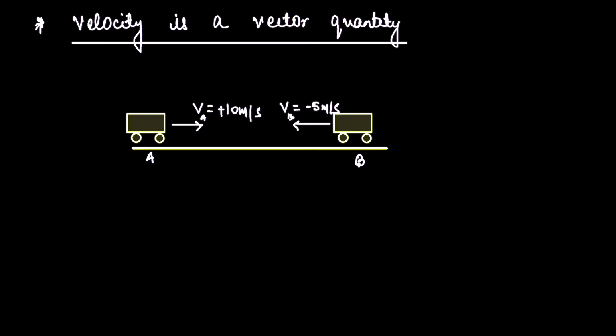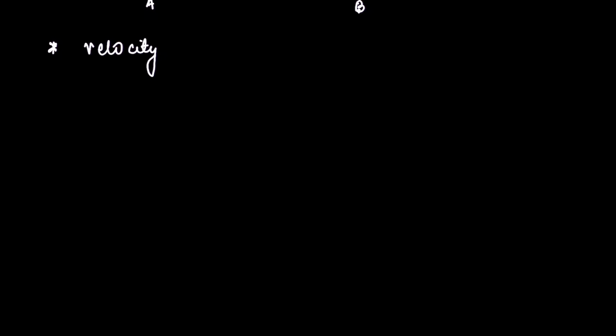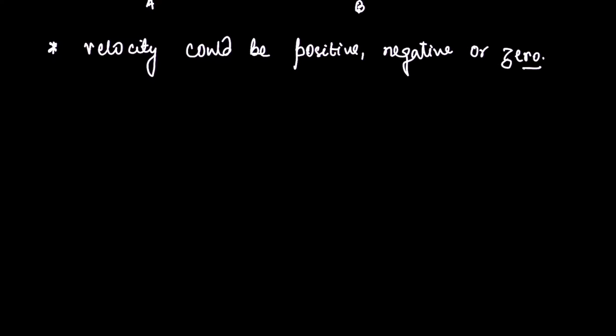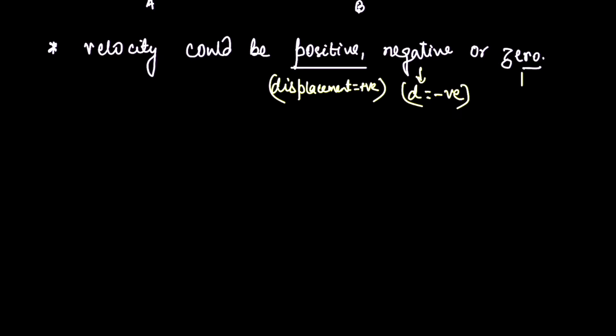So it represents that velocity is a vector quantity. Now, velocity could be positive, negative, or 0. It is positive when the displacement is positive, negative when the displacement is negative, and 0 when the displacement is 0.